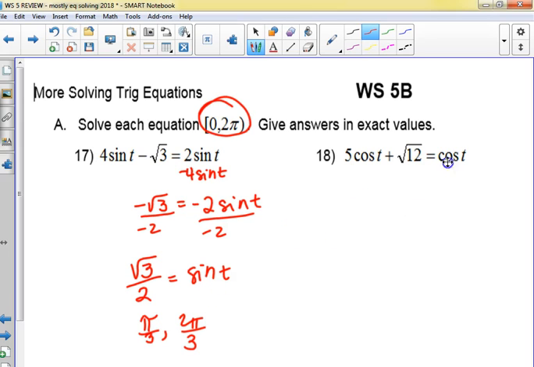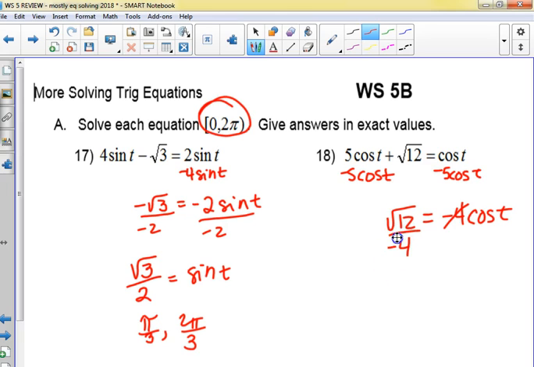All right, what about this? Oh, that looks ugly. 12 equals -4 cosine of t, divide by -4 and hope that reduces, yes?